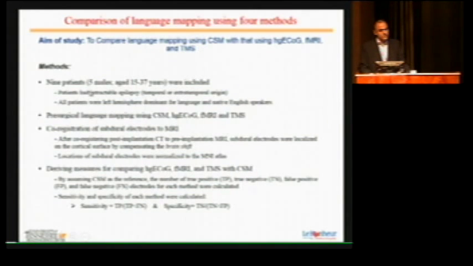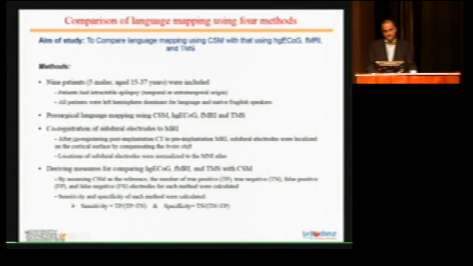In our study, we included 9 patients, all with epilepsy, and they are all native English speakers with language dominant in the left hemisphere. We performed language mapping using cortical stimulation mapping and also the other techniques, high-gamma ECoG, fMRI, and TMS, on all the patients.